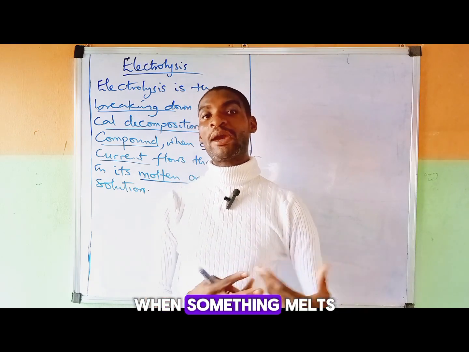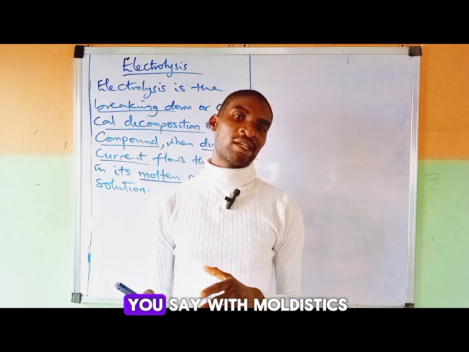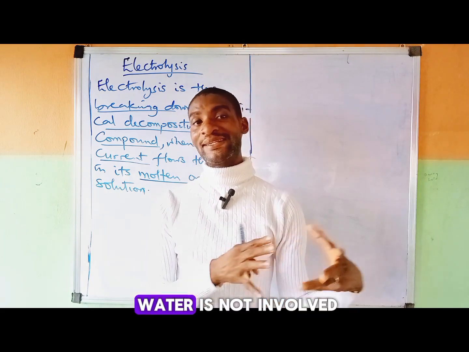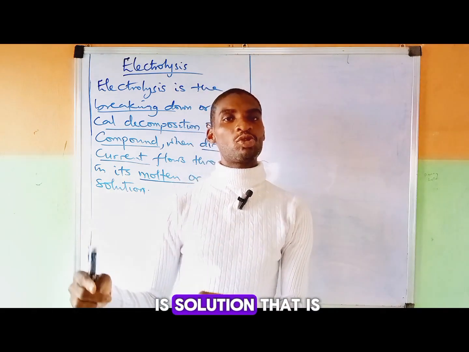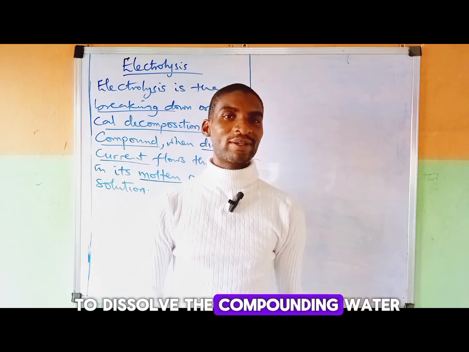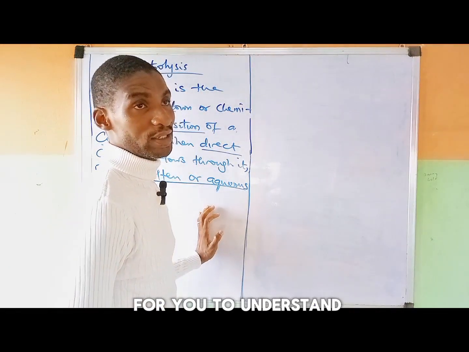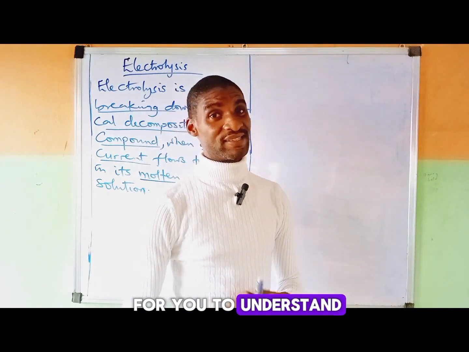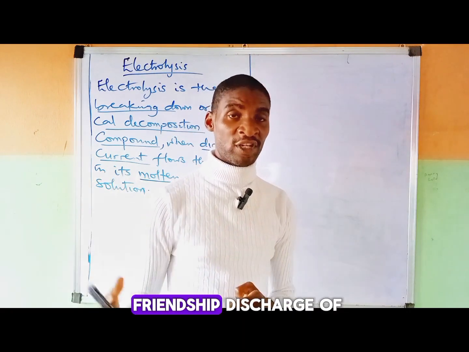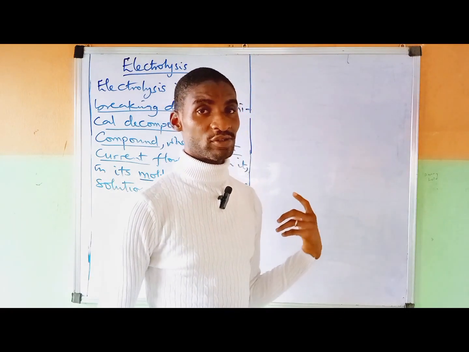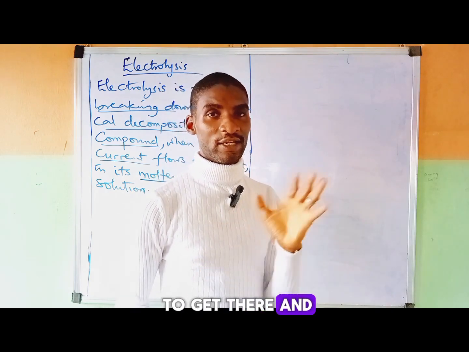When something melts. So when you say molten state, water is not involved. But when you say a solution, that means you dissolve the compound in water. These two are very important for you to understand how to determine preferential discharge of ions. We are going to get there and then you will understand better.